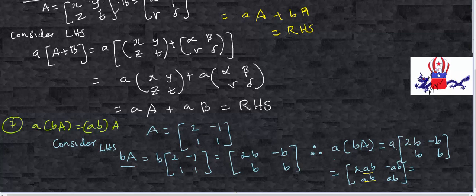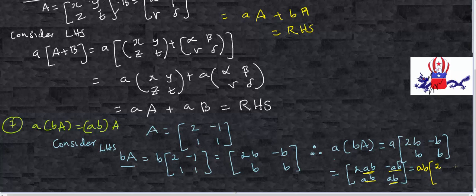So clearly, when I multiply A with this matrix, I get 2 times AB, negative AB, and then AB followed by another AB. Now, since AB is occurring all through, I can clearly take AB out and write the remaining terms.